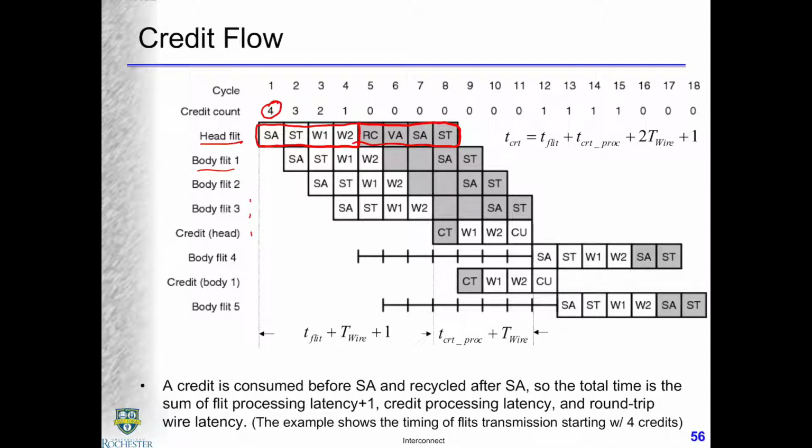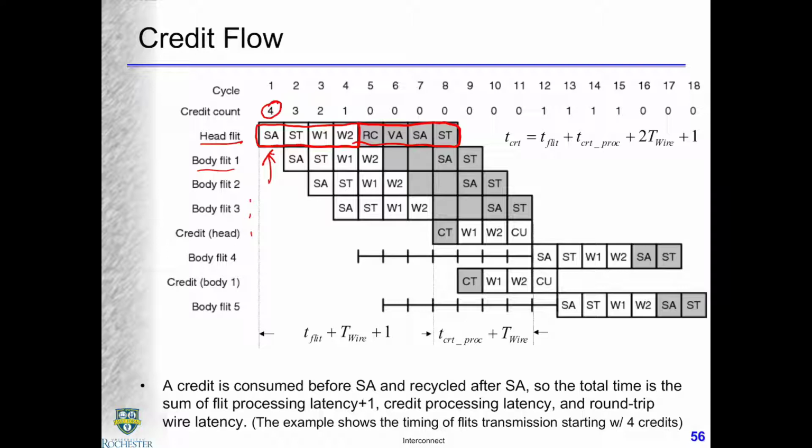Okay, so cycle 1, meaning the light colored upstream neighbor, successfully allocated the channel, allocated the switch, and then therefore crossing the switch at the next cycle, 2 cycles later, arriving at the downstream destination.